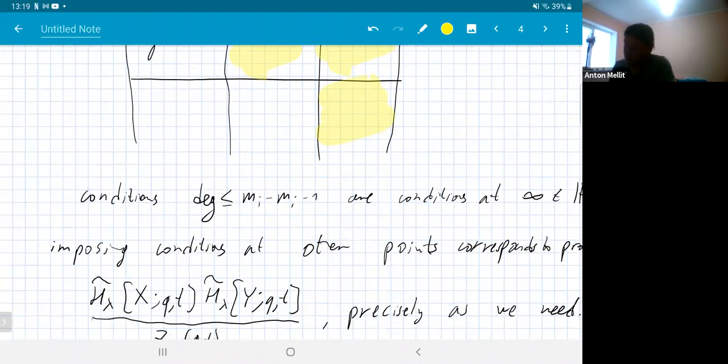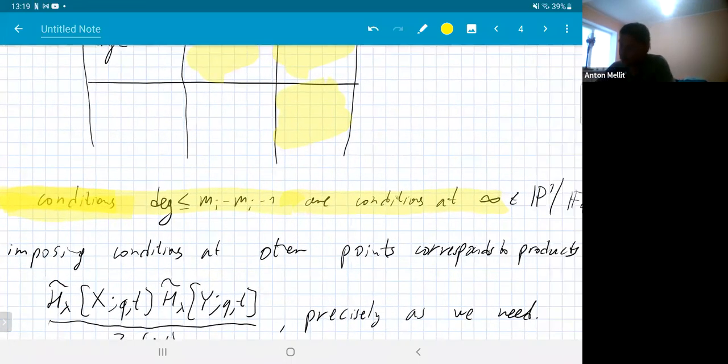But a more general formula is true. You should think that these conditions, the degree is less or equal to mi minus mj minus one, are a condition at infinity. A normal condition would be that the degree is less or equal to mi minus mj, but you want the value at infinity to be 0, and the value at infinity is like the leading term of your polynomial.